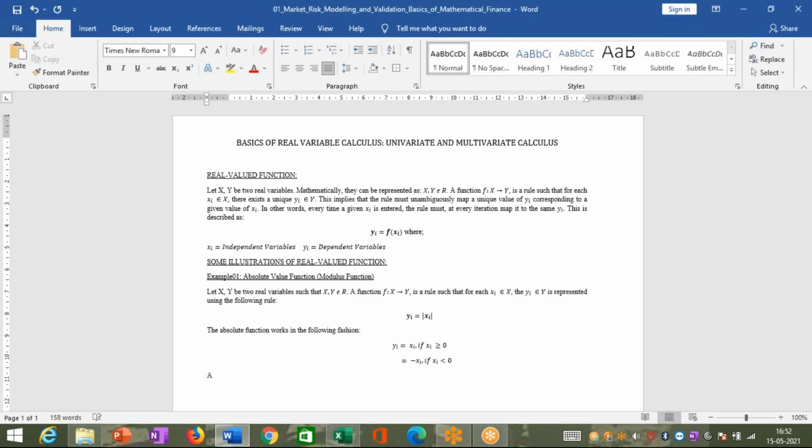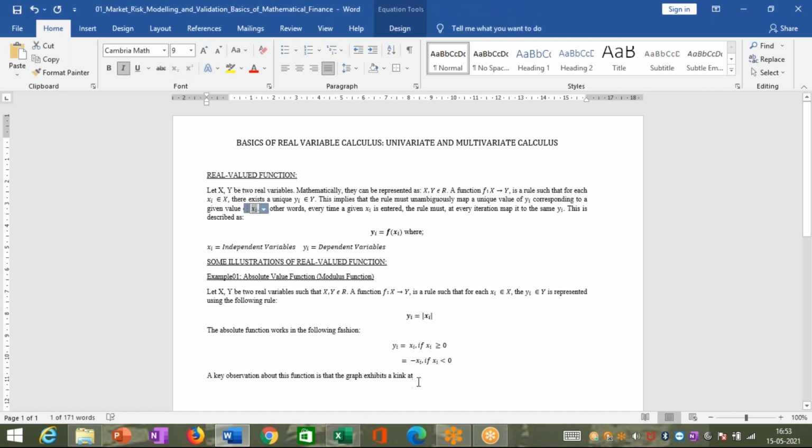Okay, so a key observation about this function is that the graph exhibits a kink at x equal to 0.